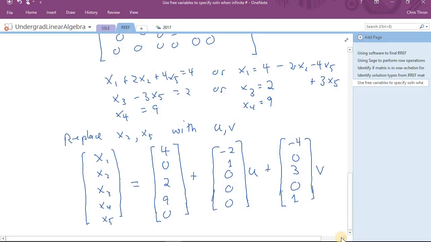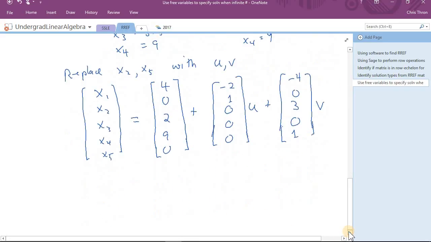If this column form is confusing to you, you can just write it this way: x1 equals 4 minus 2u minus 4v. x2 is equal to u. x3 equals 2 plus 0u plus 0v, which I'll just leave like that.